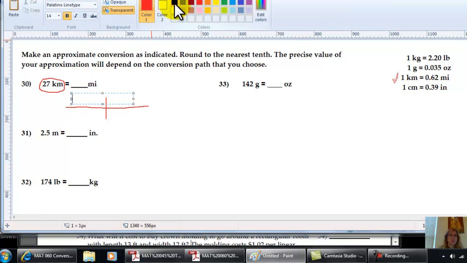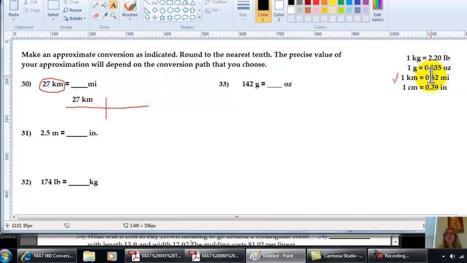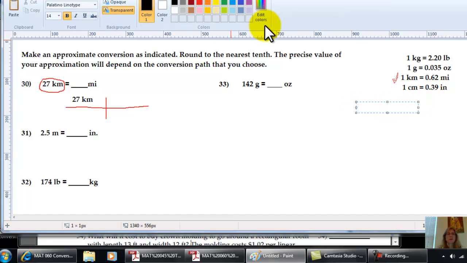So let's put that in the first square. And then this conversion can be written in different ways. For example, we can write 1 kilometer equals 0.62 miles. We can also write 0.62 miles equals 1 kilometer. Doesn't matter.